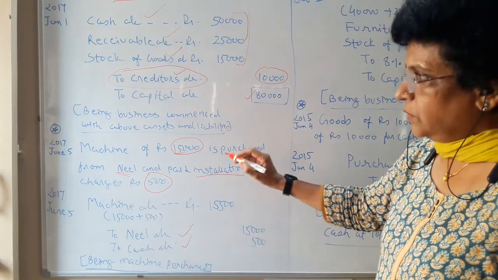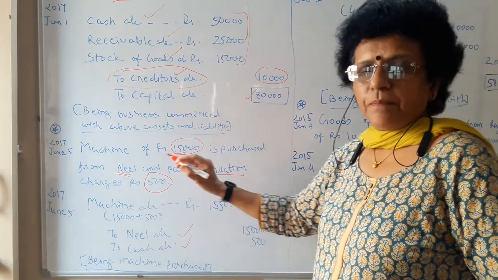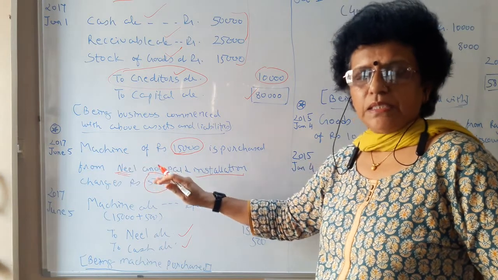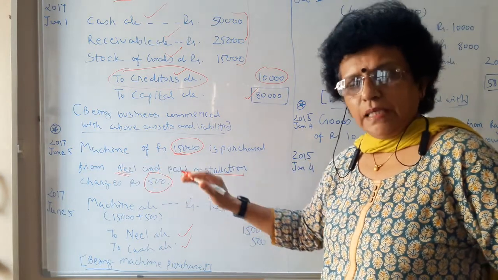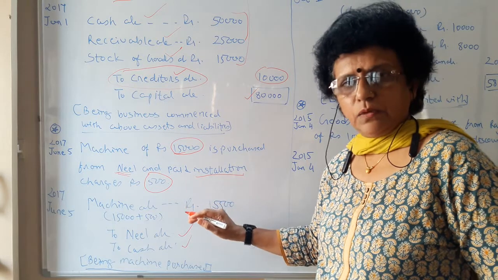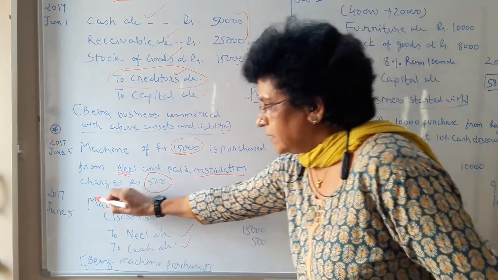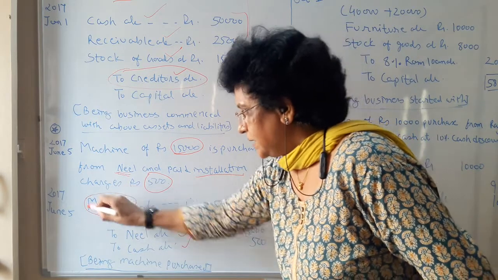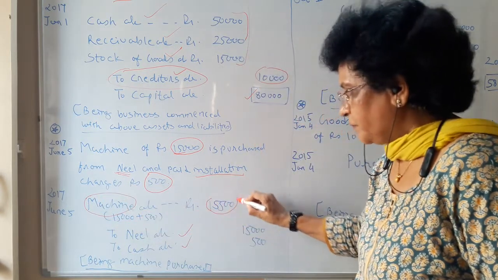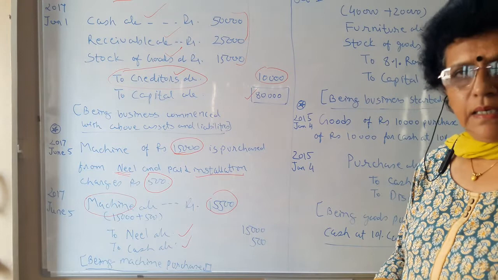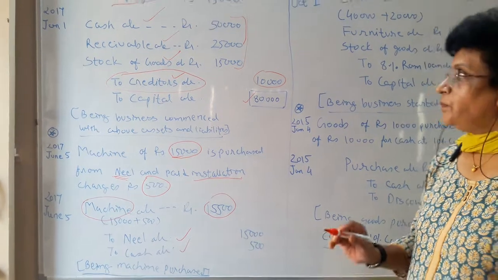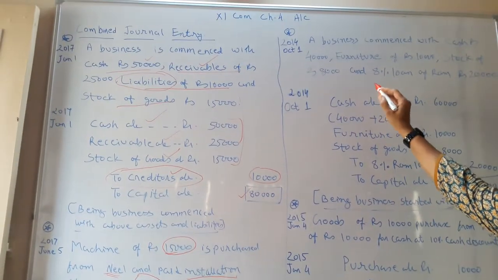So what new portion you have learned in this is that for capital nature expenditure, when you incur any other expenses related to that, you have to add it into the cost of the asset. So here the machine is debited with the total figure 15,500. Clear?